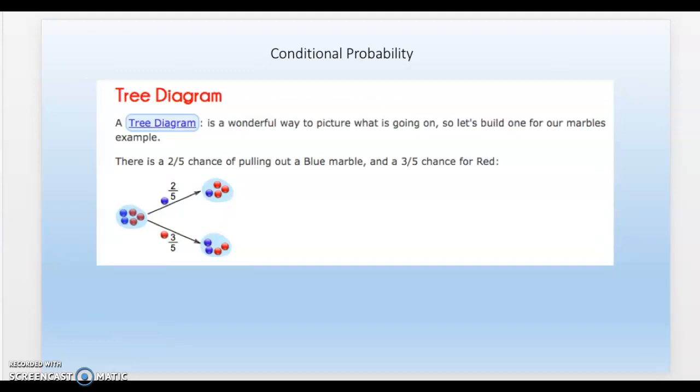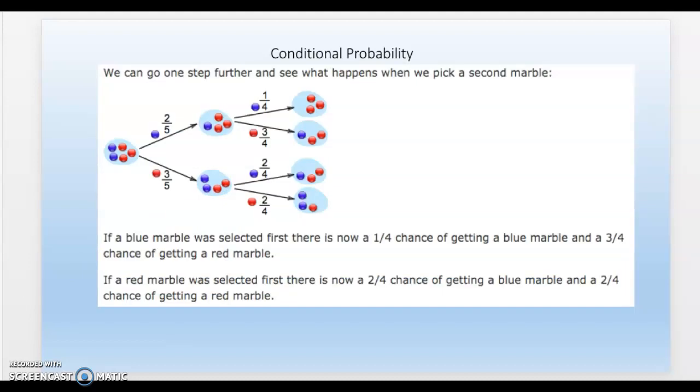All right, we talked about tree diagrams. They're a cool way to look at conditional probability. Again, we said there's a 2 in 5 chance of pulling a blue marble and a 3 in 5 chance of pulling a red marble. That's for the first selection. We can go a little further now. What about the second selection?